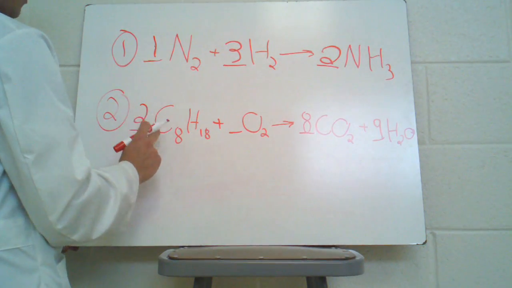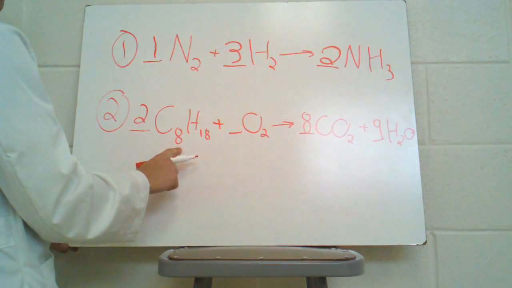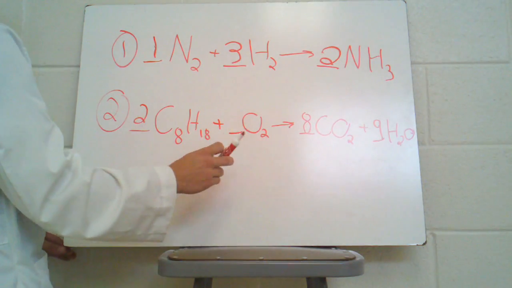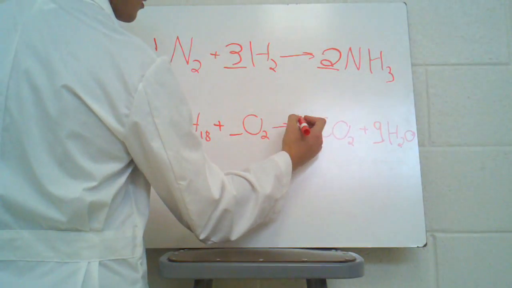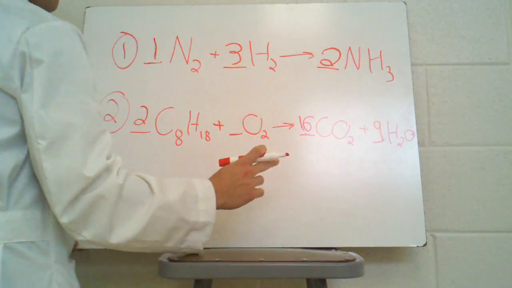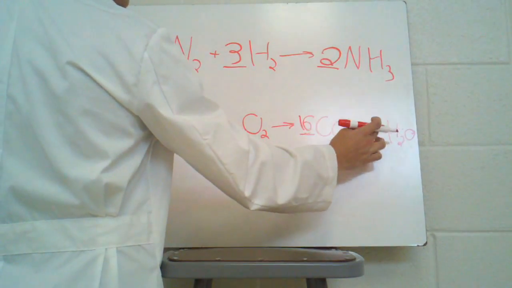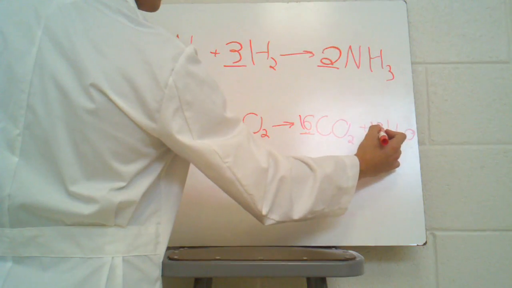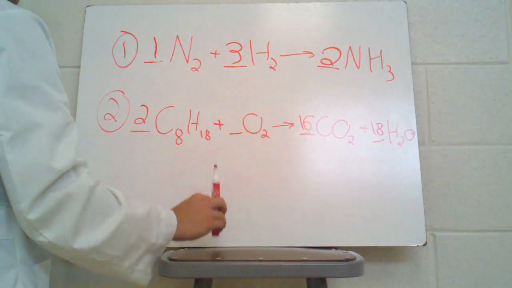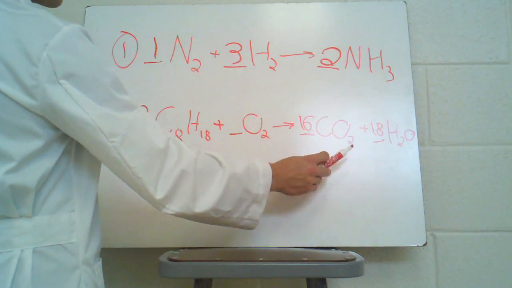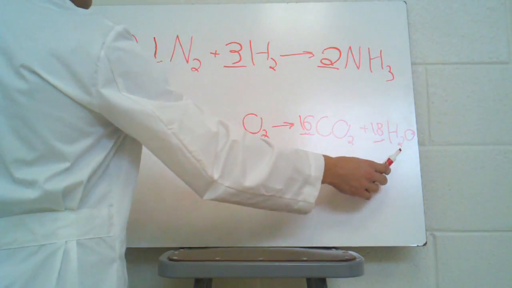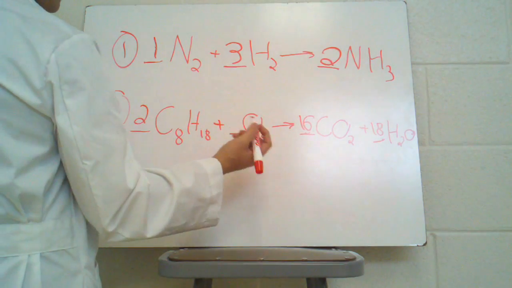So we'll multiply this by 2, making 16 carbons, 36 hydrogens. Multiply this by 2, get 16 carbon dioxide, and 18 water. Now, when we add this all up, we have 32 oxygens, 18 oxygens, added together equals 50.